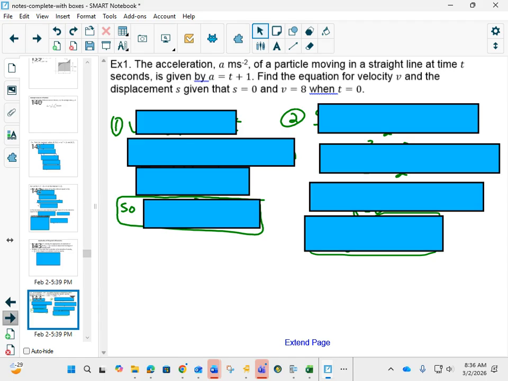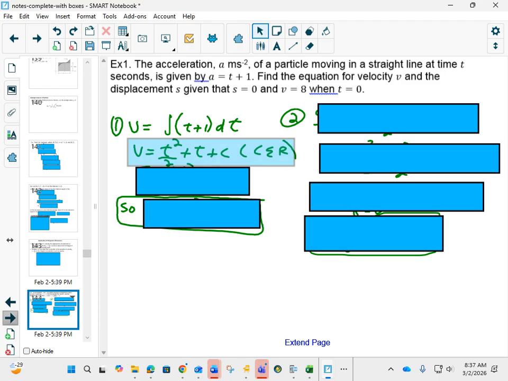The acceleration of a particle moving in a straight line at time t is given by a equals t plus 1. And we've got some initial conditions here. So we can work backwards from acceleration to get to velocity. And when we do that, we're going to have a plus c.